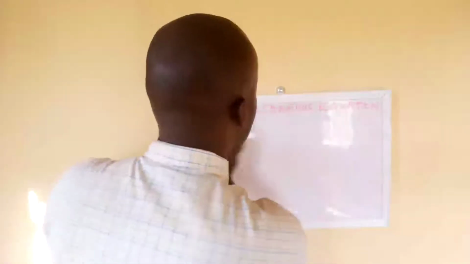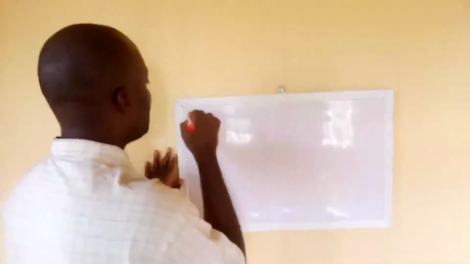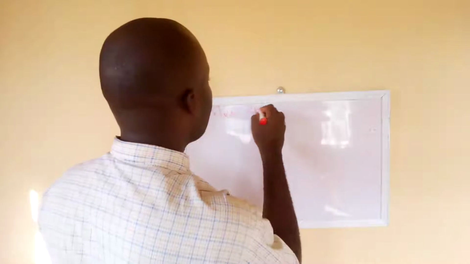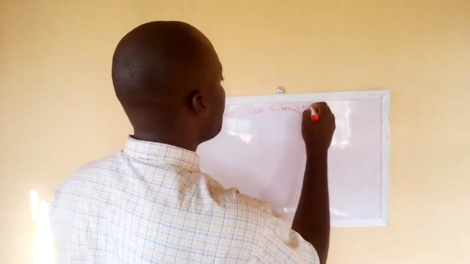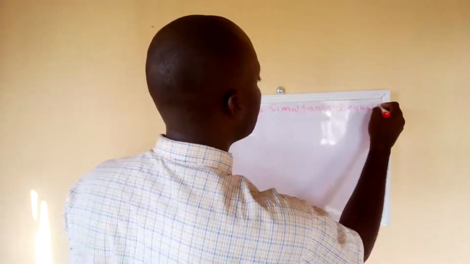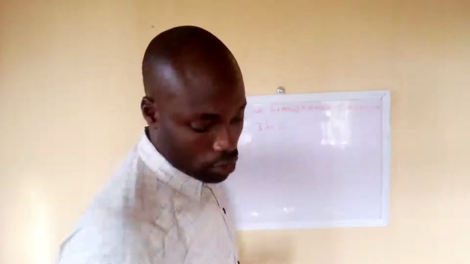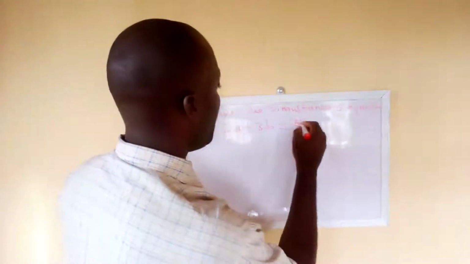So let us look at an example, a question that is extracted from NECO. The question says solve the simultaneous equation. We have 2a plus 3b equal to 5.